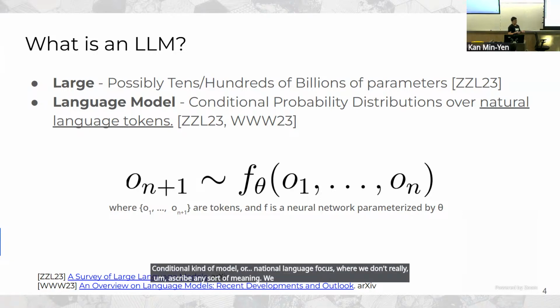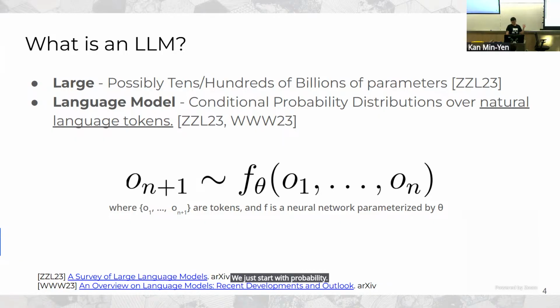We don't color our perceptions. We just start with probability. What is the chance that some token comes in right after all these concepts that I've been feeding in, all the sentences that came before what I'm about to say? That is the mental model that people are going with here, purely statistical.